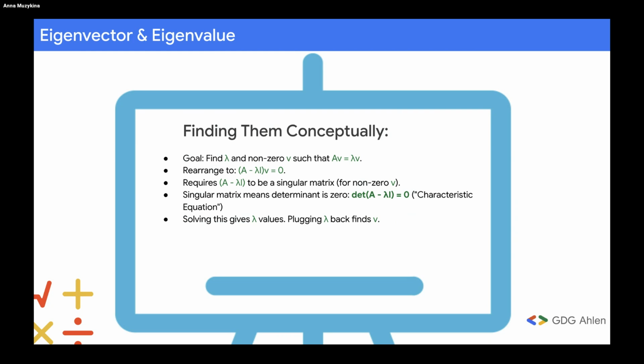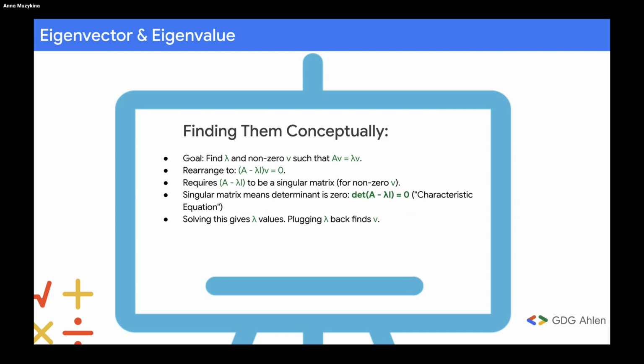As we saw briefly before, we can rearrange this by introducing the identity matrix I, where A times V minus lambda I V equals 0. Factoring out V gives A minus lambda times I, times V, equals the 0 vector.